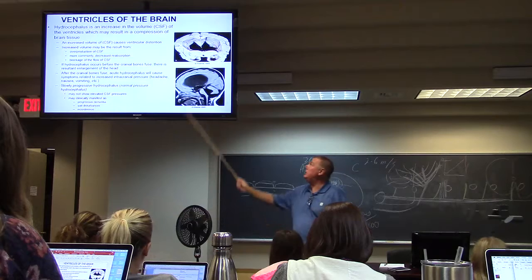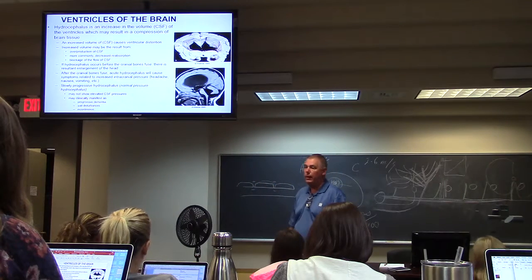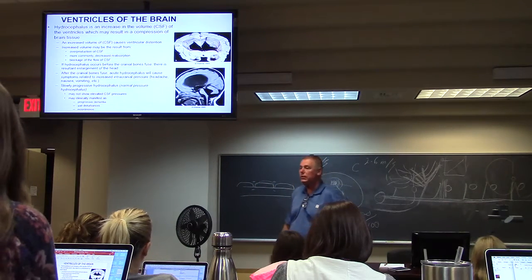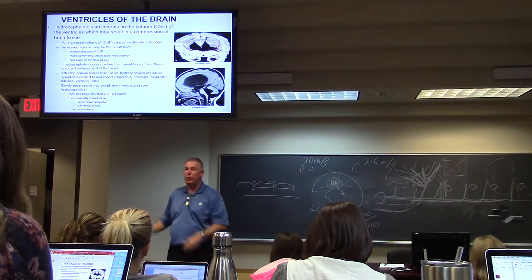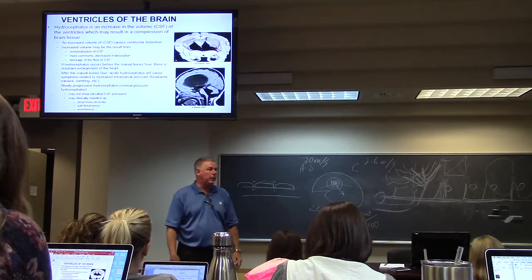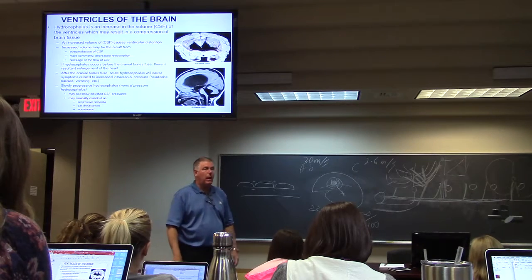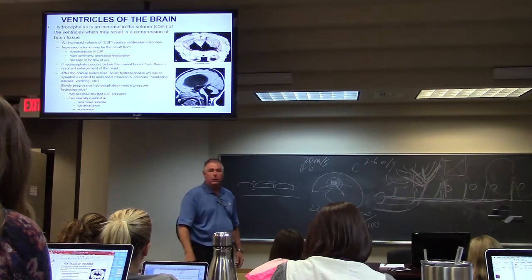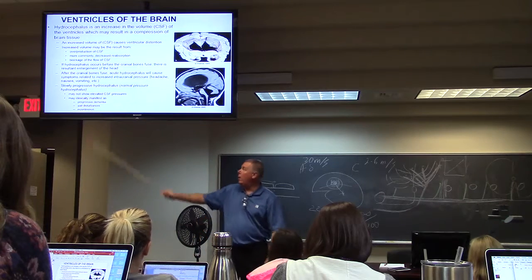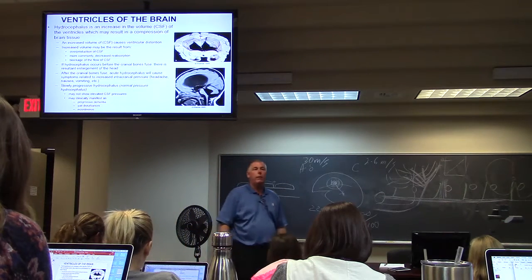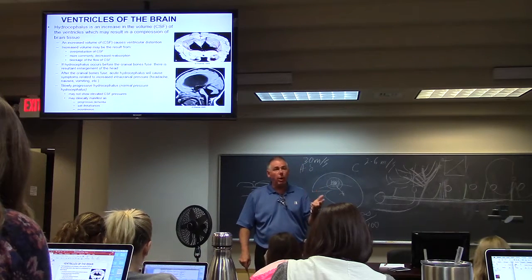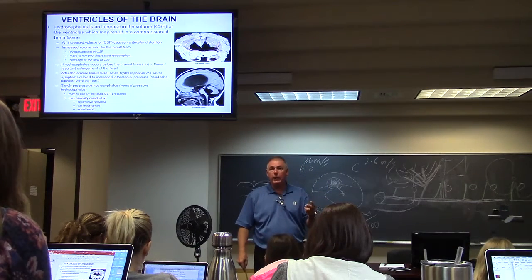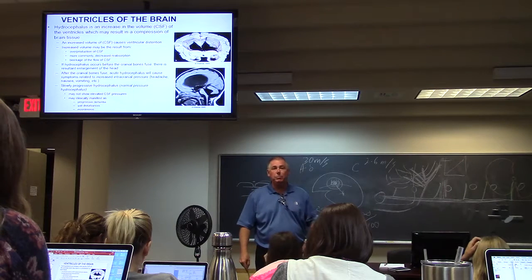Because it puts so much pressure on the motor functions of the brain, they have gait disturbances, and at the same time they have urinary incontinence. Not bowel, urinary. So those three are hallmarks of normal pressure hydrocephalus, which is often confused with the diagnosis of Alzheimer's or advanced Parkinson's disease.